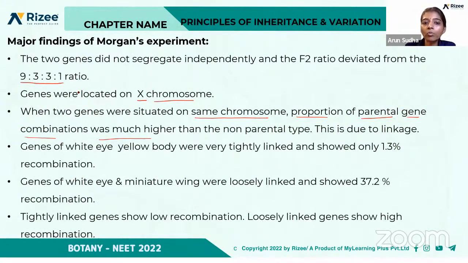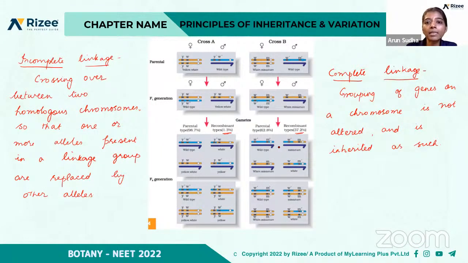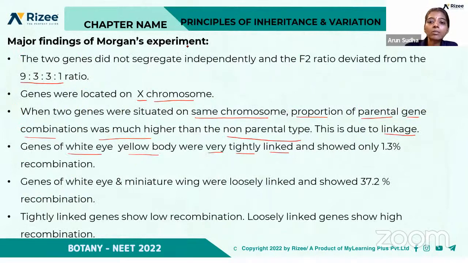So here if you observe, when two genes were situated on the same chromosome, the proportion of parental gene combinations was much higher than the non-parental type, and this is due to linkage because they are linked together. The genes of white eye and yellow body were tightly linked because they are close, right? So they are closer and tightly linked. They are called linked genes, and showed only 1.3% recombination.